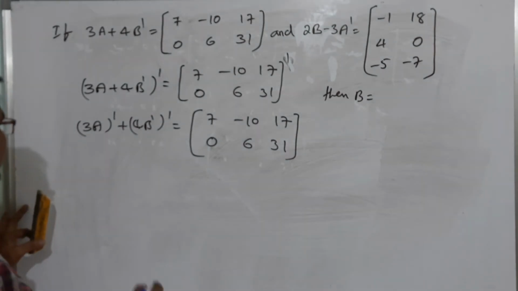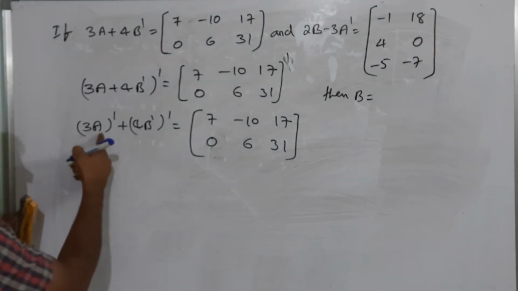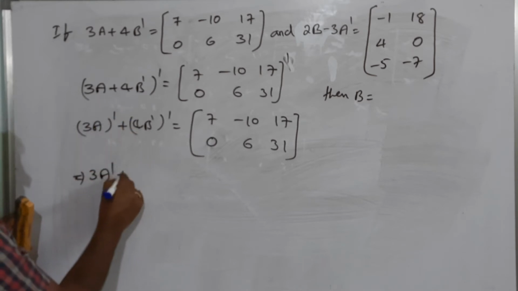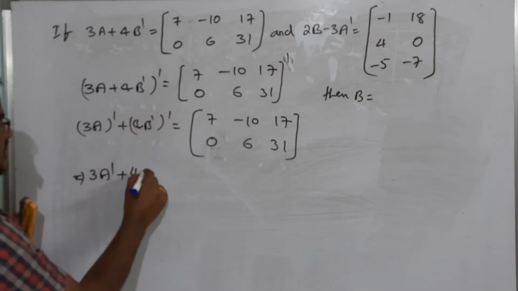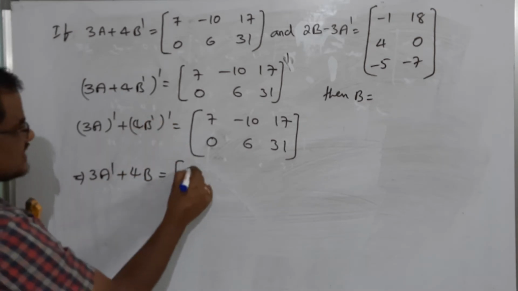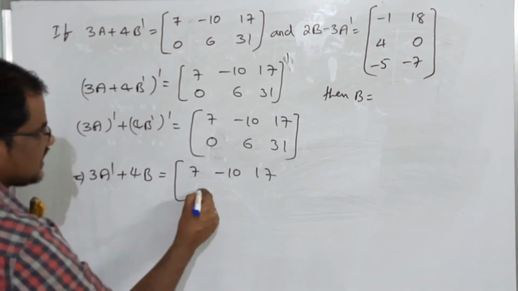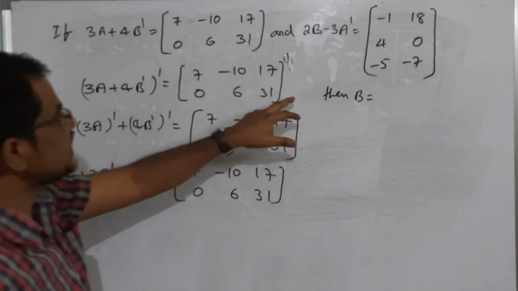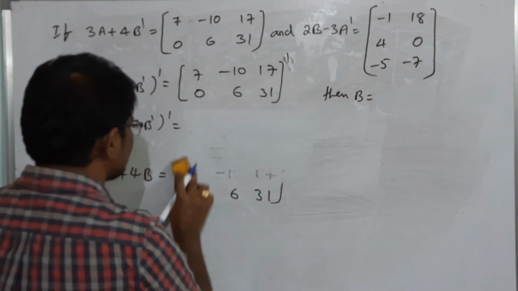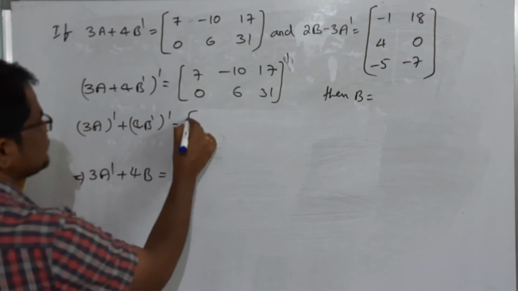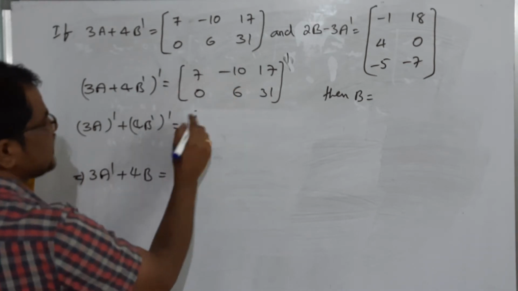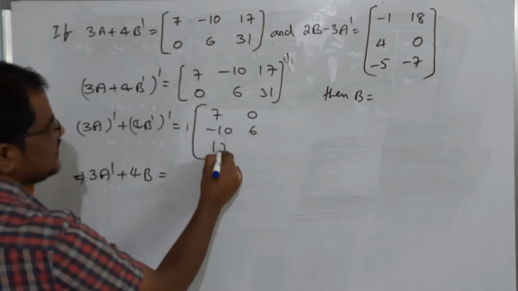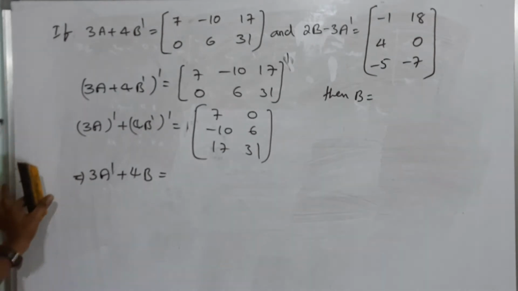Now 3A whole dash means 3 into A dash, plus 4 into B dash whole dash is 4B, equal to [7, -10, 17; 0, 6, 31]. Now you have to take the transpose of the right side also. So this becomes [7, 0; -10, 6; 17, 31].